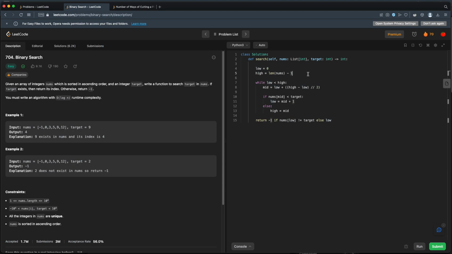There probably are. One thing we can do, so this math, if you actually worked it out, this is low plus high minus low divided by 2. You could break this whole thing out and split these up. So that's high divided by 2 minus low divided by 2.